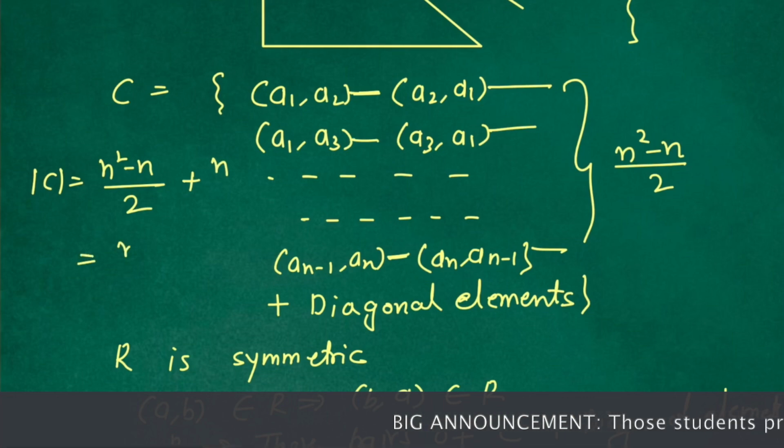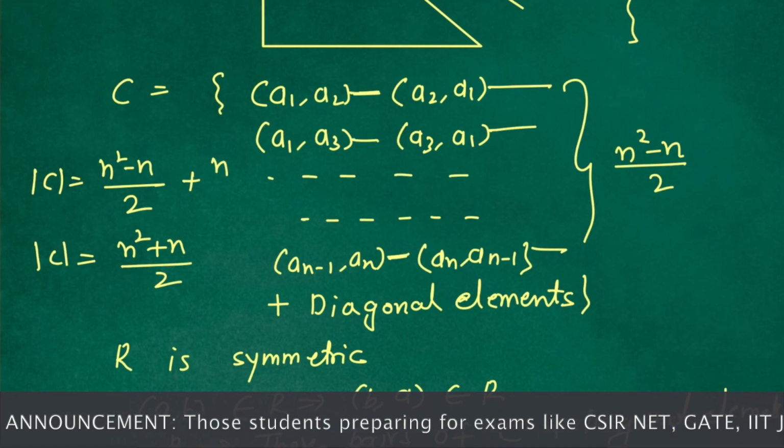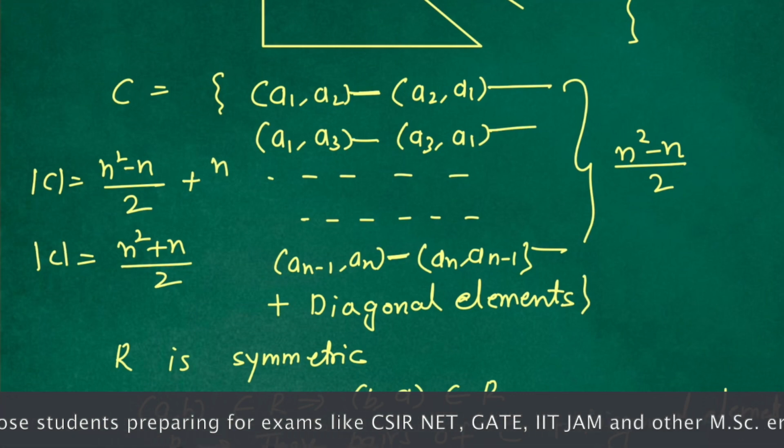On solving we will have n square plus n over 2. So the cardinality of C is n square plus n over 2.